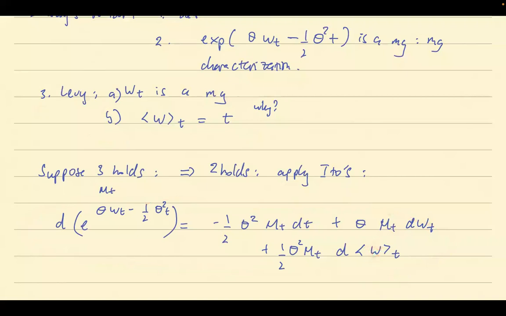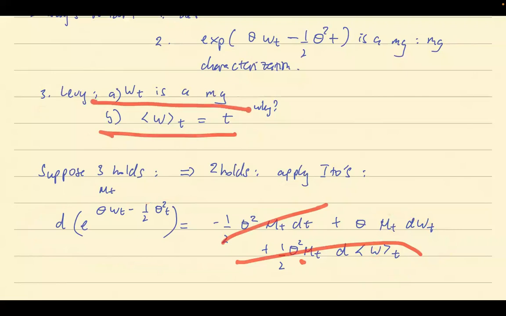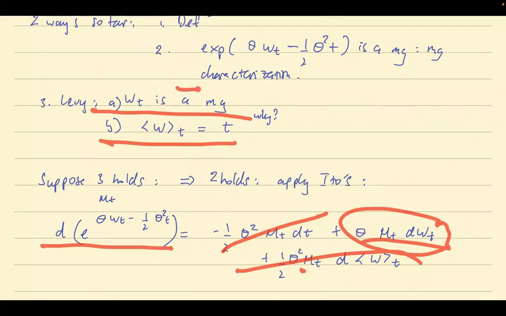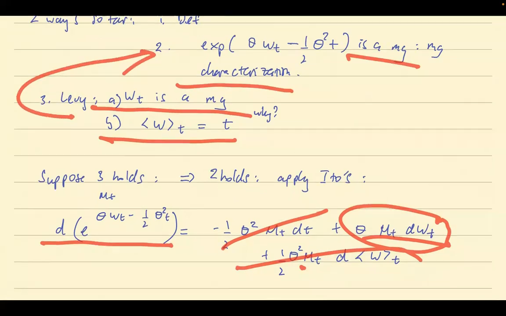In other words, these two cancel, using the quadratic variation hypothesis. Part A tells me that this is a martingale. And that's it, because d of this process is a martingale, which is exactly what we want. So Levy characterization implies 2 holds.